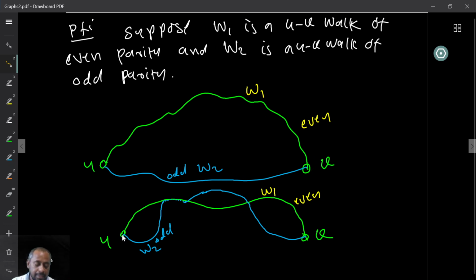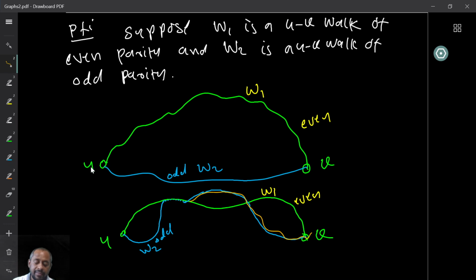Similarly, you can have u to v like this, which is even length, and then an odd length path that crosses over, uses some parts of W1, but again finally reaches v. Suppose this is of odd length. Any of these cases is okay, so suppose you have these walks.